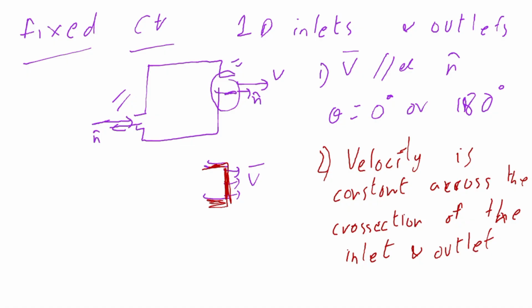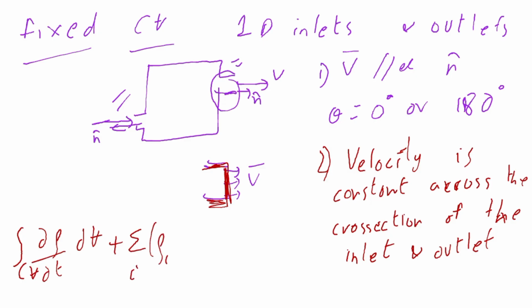So if you have a 1D inlet and outlet, it helps you simplify your mass conservation equation, where for the second term you don't need to have an integral. You can simplify it into just a product term, right? The first term remains the same, but the second term you can just write as a sum of the product of density times area times velocity.